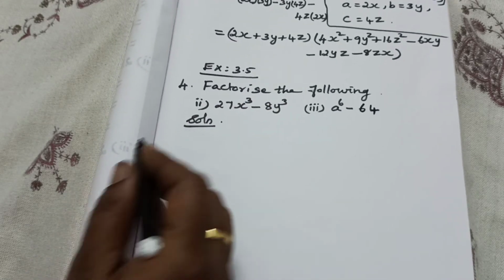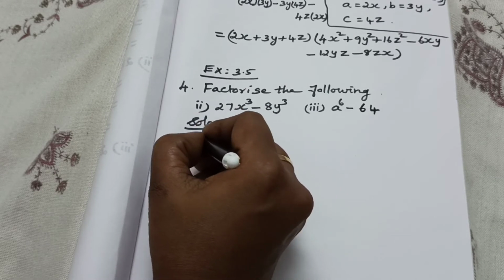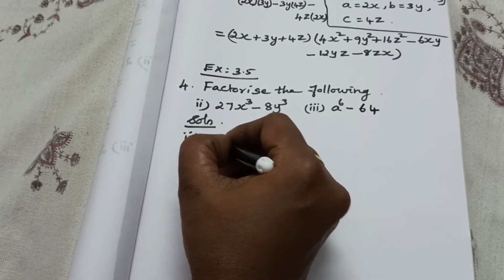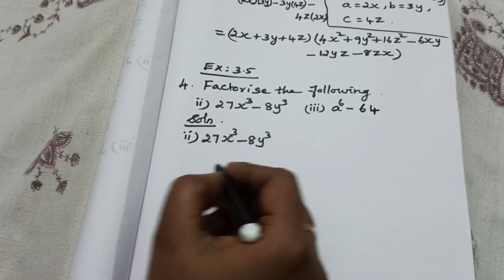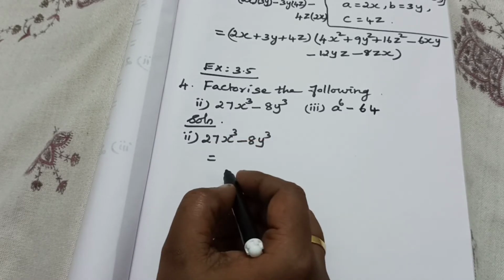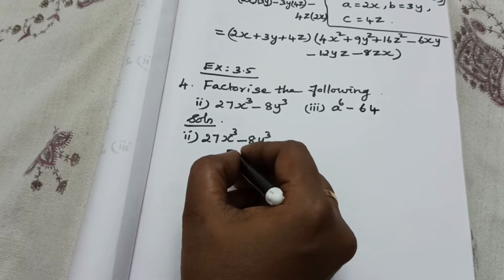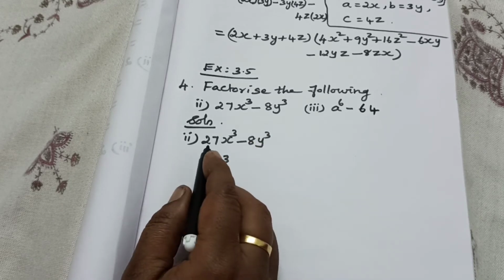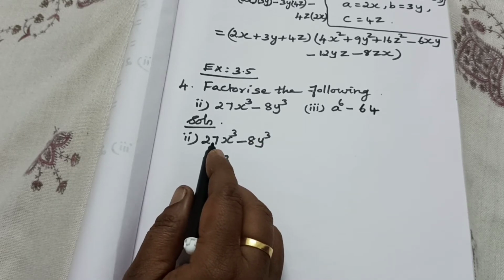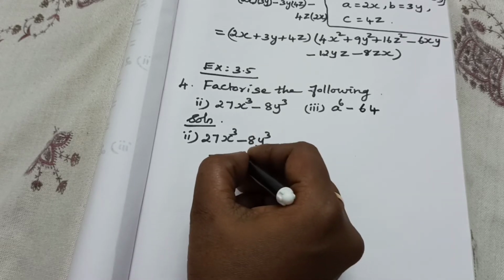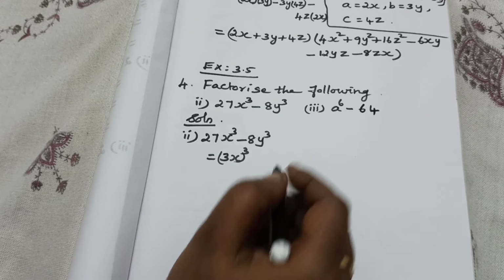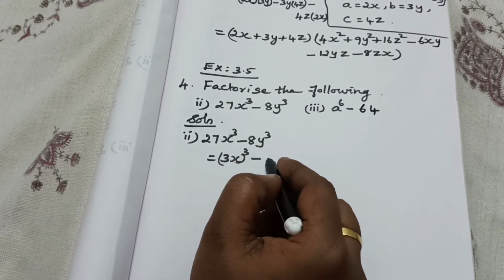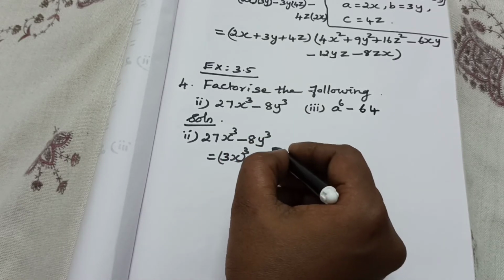Okay. Then second subdivision, 27x cube minus 8y cube. This one we can write as what, which cube? Very good. 3 cube is 27, so we can write it as 3 cube, isn't it? Then 3x the whole cube, minus this 8 we can write as 2 cube, isn't it?